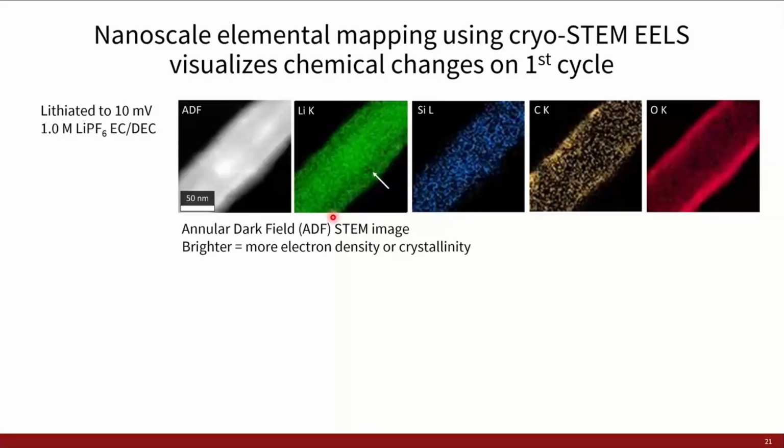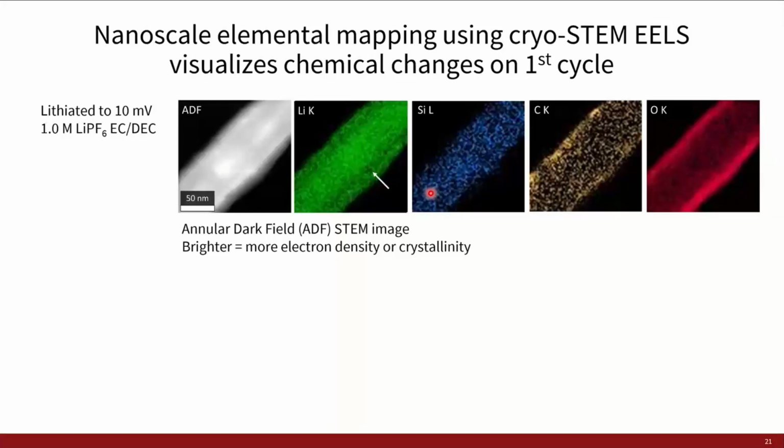And that's not really too surprising, but we can see that there is actually a dip in the lithium intensity between the core and the shell. And that's likely coming from the lithiation of the silicon oxides into lithium silicate, which is a relatively lithium-poor structure compared to lithium oxides and lithium silicide.